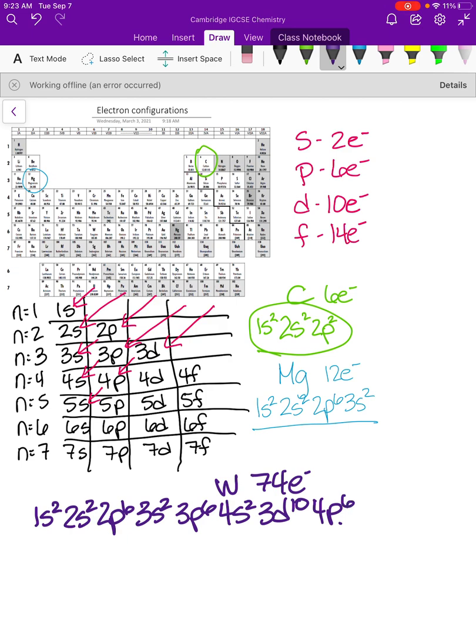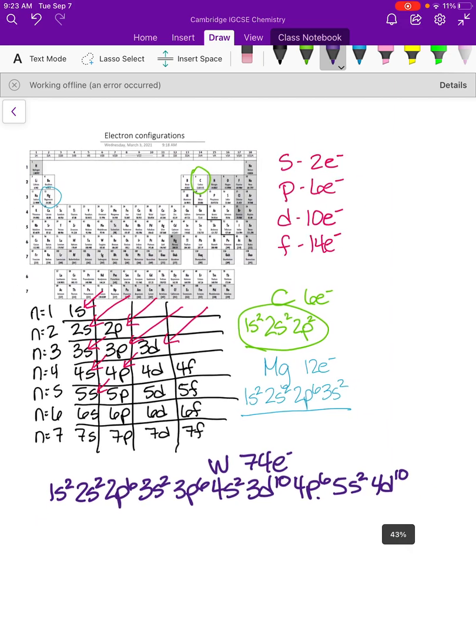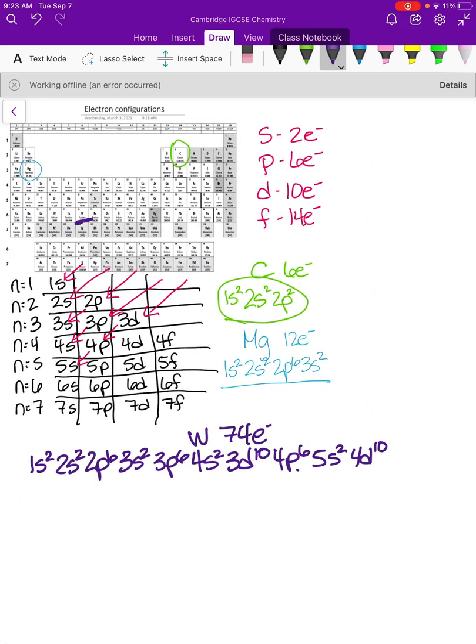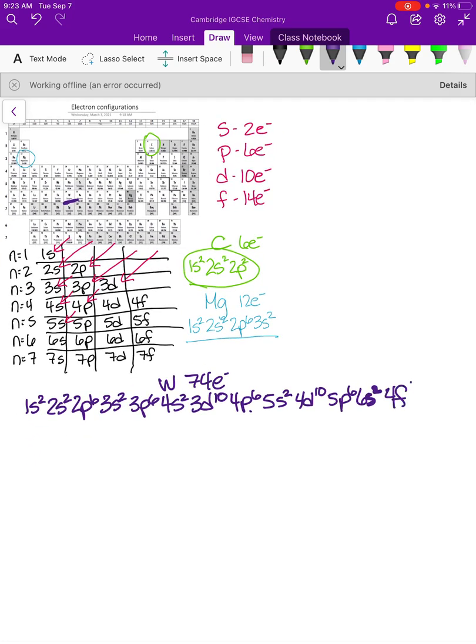4p6, 5s2, 4d10, 5p6, 6s2, and 6s comes before 4f14, and 5d4.